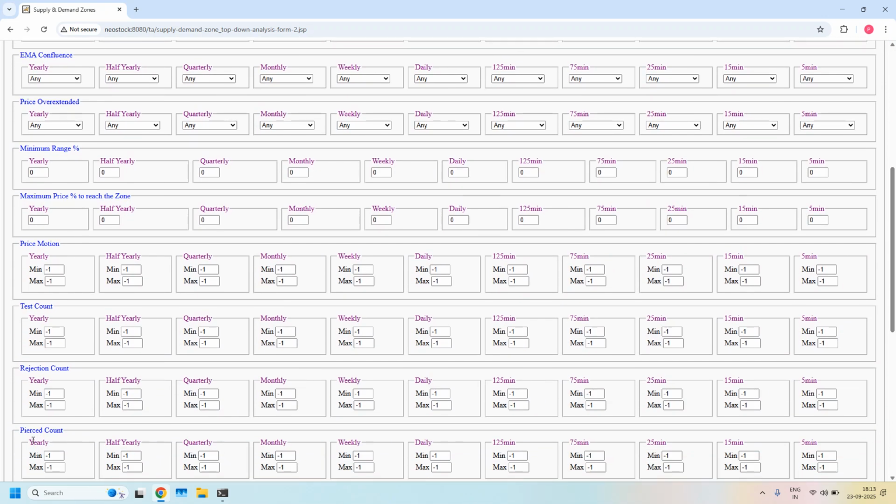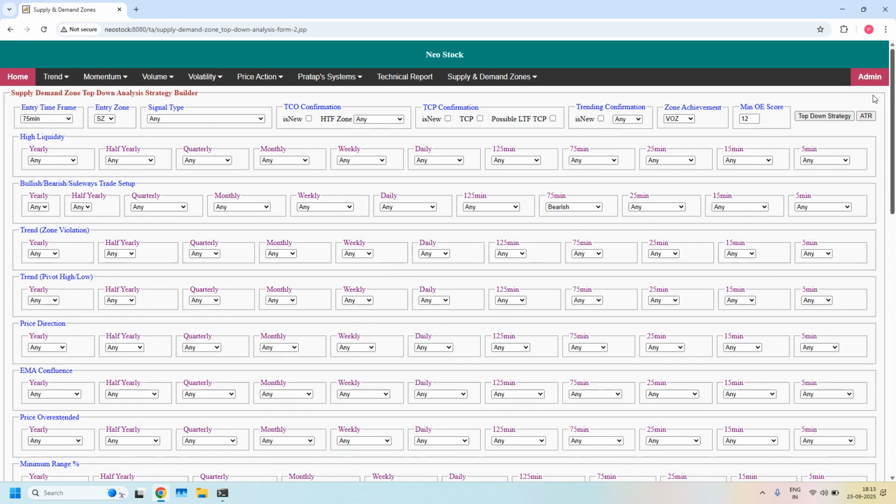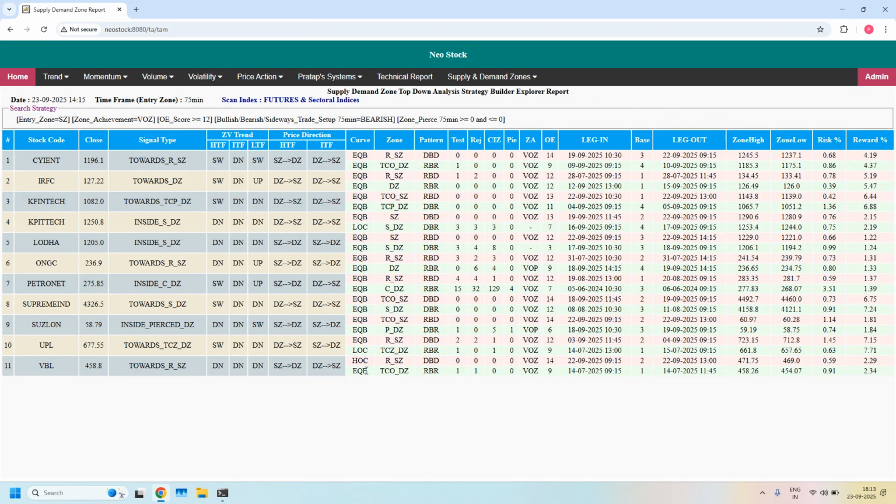So in the pierced count parameter at 75 minutes time frame, setting minimum value 0, maximum value 0 indicates the 75 minute supply zone should not pierce. Let's filter. We got 11 stocks supporting bearish trade setup for weekly income trade.